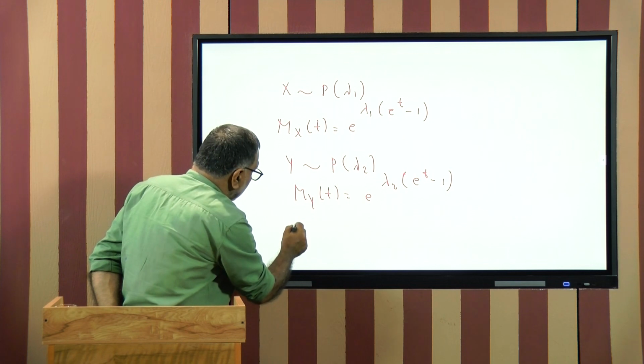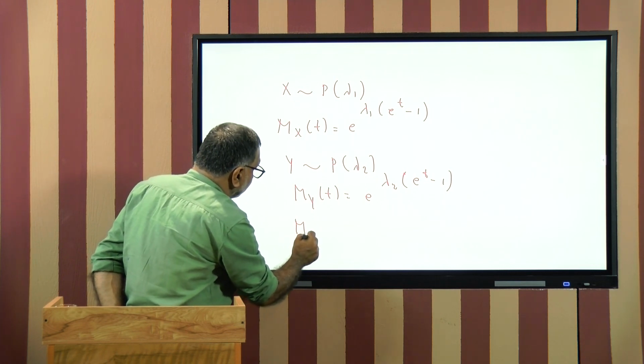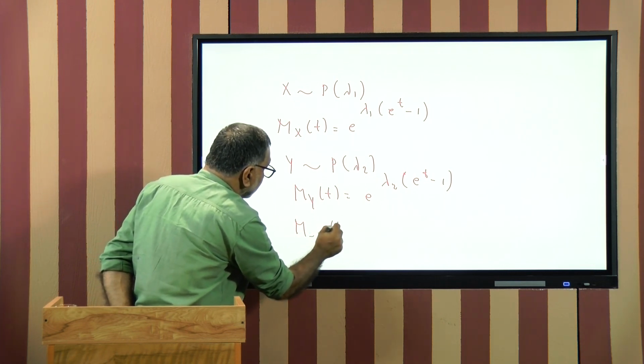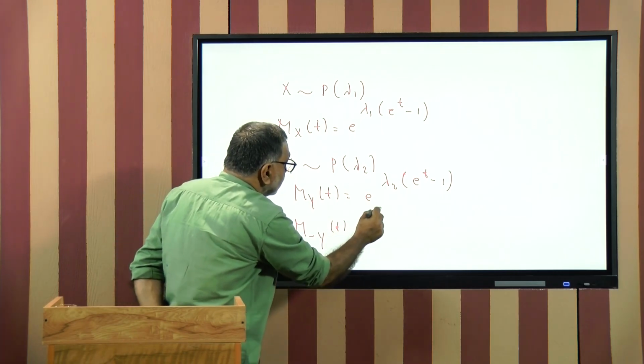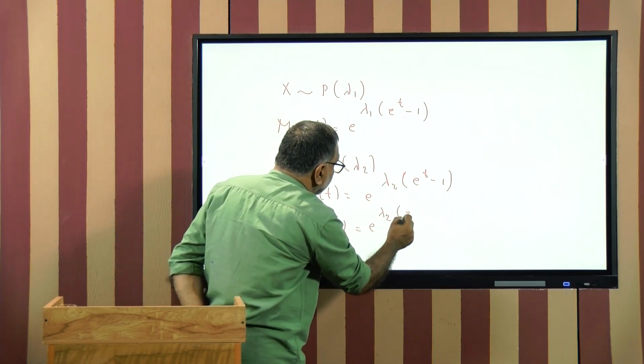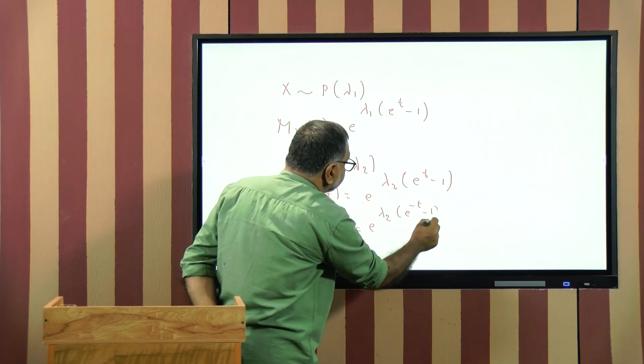And suppose we are finding the moment generating function of minus y, this is e power lambda 2 into e power minus t minus 1.